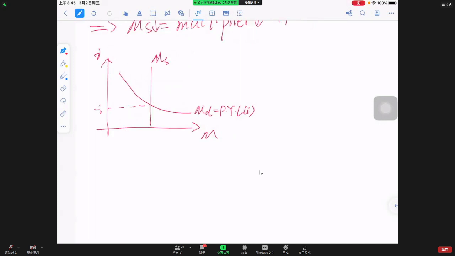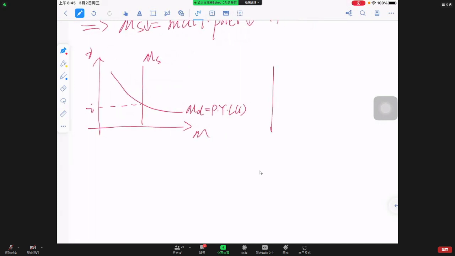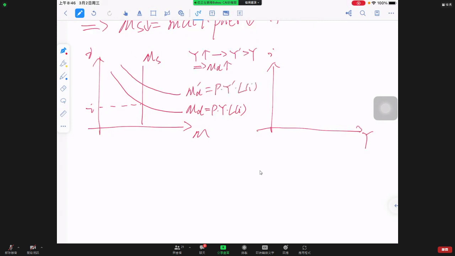And to find a relationship between I and Y, if there is an increase in Y, so if Y increases to Y prime greater than Y, then money demand will increase, right? So to here, D prime, P times Y prime times L(i), right?